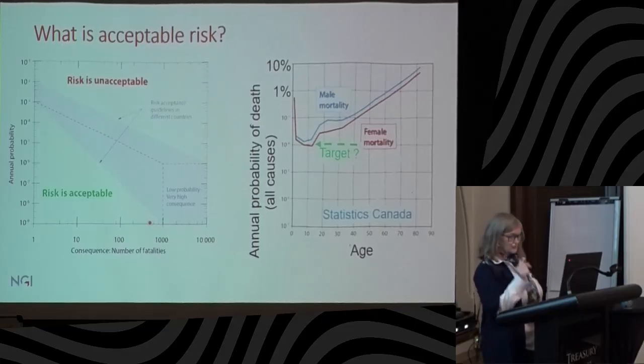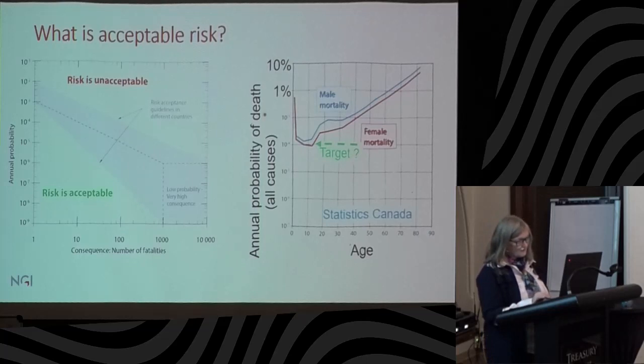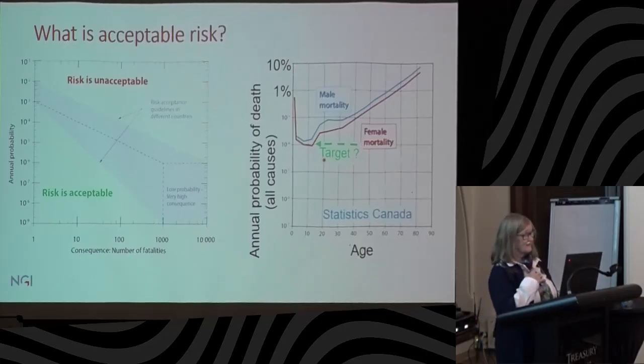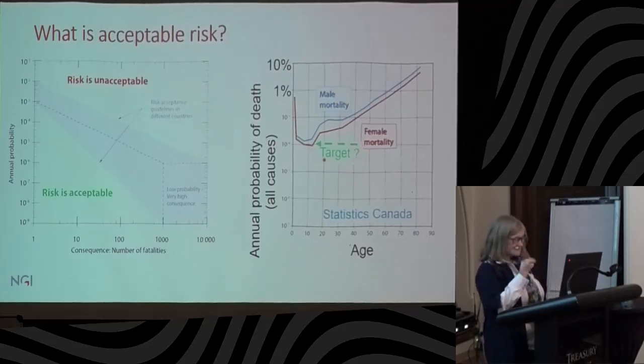So that's what we call an individual risk. Individual risk is along this line here, one person. And I just put the statistics of Canada of what is your hope of living based on statistics.